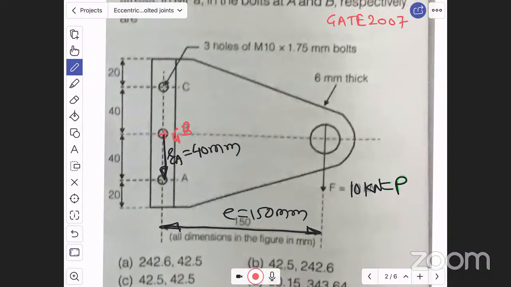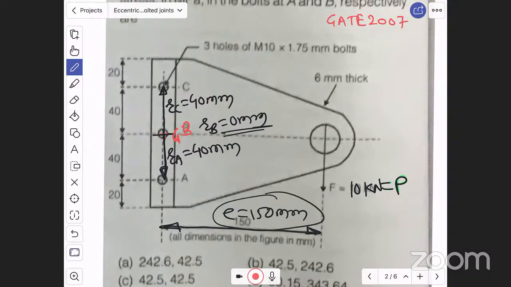Distance of G from C is RC, which is also 40 mm. And distance of G from B is RB, which is 0 mm. B and G will coincide. Eccentricity is given 150 mm.